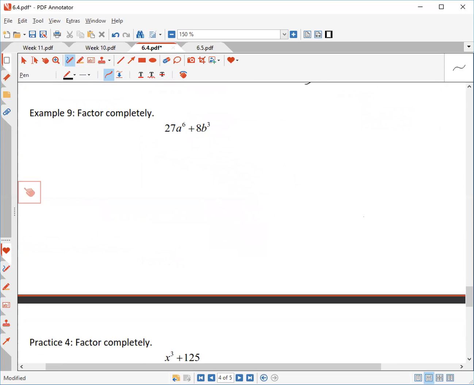Okay, example 9. 27a to the 6th, that's the cube of, 27 we know is 3 cubed, and a to the 6th. We need to have a cube on the outside of it, and so that would mean that would have to be an a squared. So our first piece that we're recovering is a 3a squared.